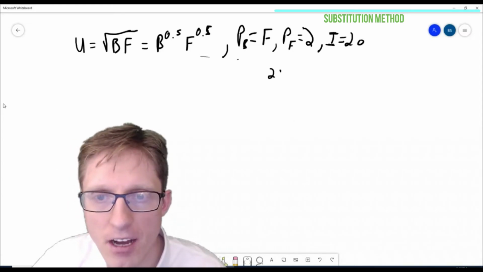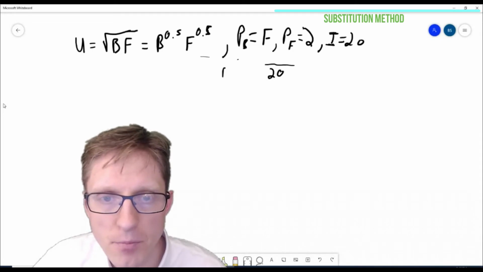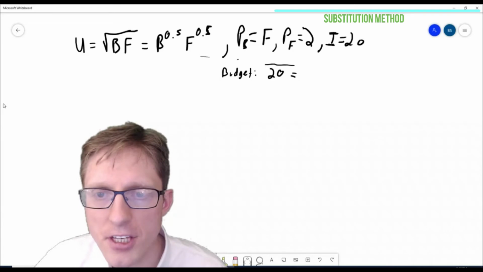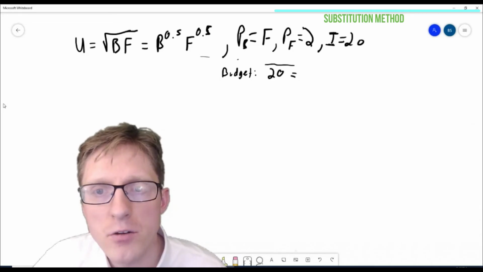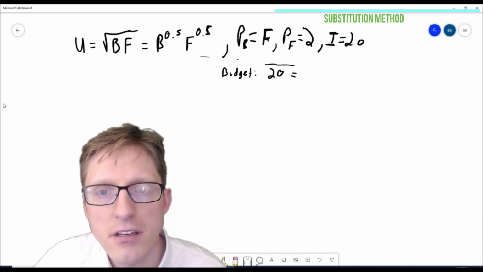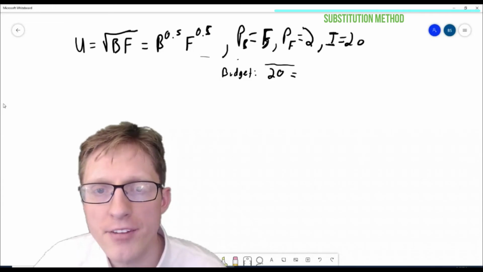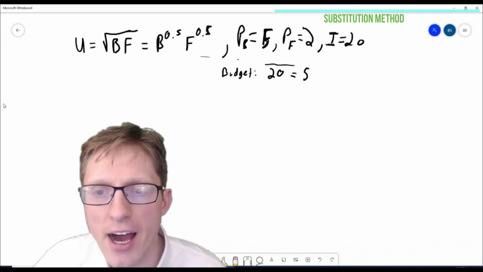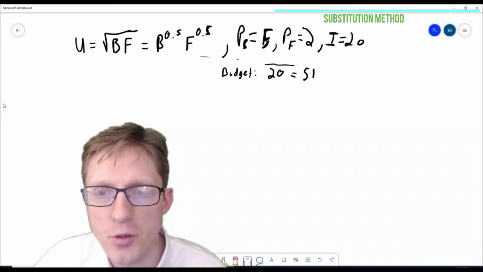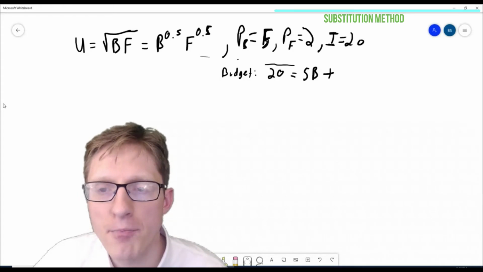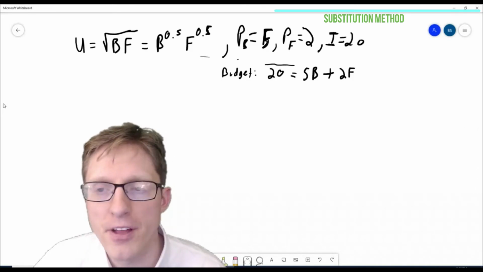We have that their income, their budget here, of $20 is equal to the price of good B, which is 5, times the amount of good B consumed, which is just represented by the letter B, plus the price of good F, which is 2 in this problem, times the amount of good F consumed, which is just represented with the letter F.